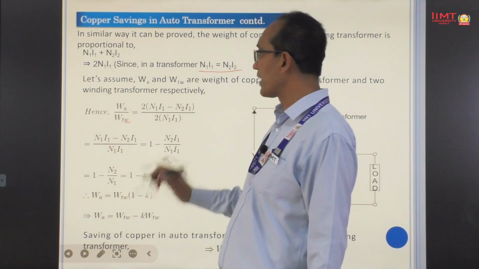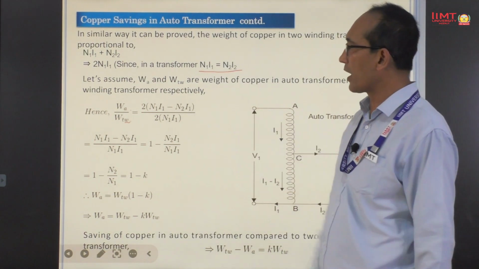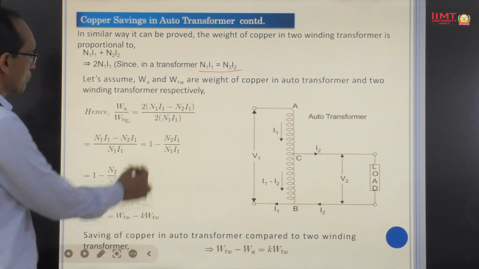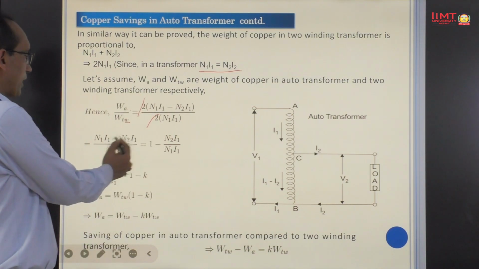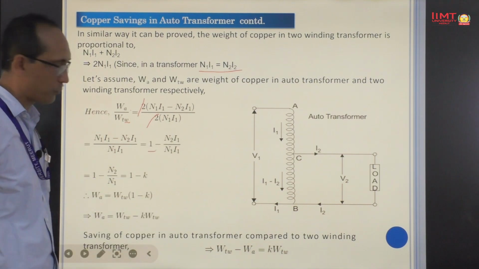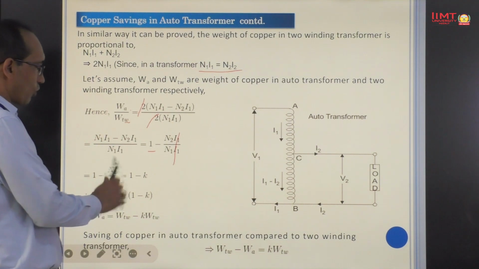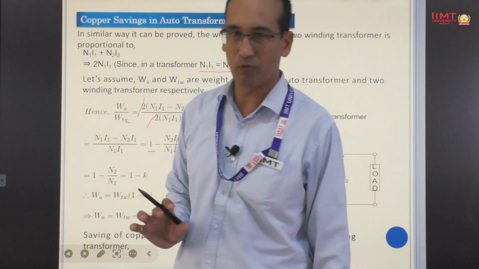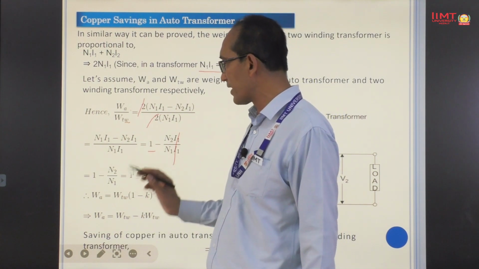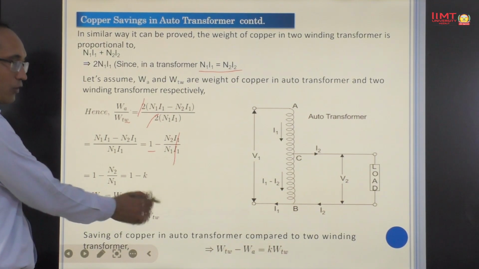Comparing these two equations, we get (2 N1 I1 minus 2 N2 I1) upon 2 N1 I1. The 2 cancels out, so (N1 I1 minus N2 I1) upon N1 I1, which is 1 minus N2 I1 upon N1 I1. I1 also cancels out, so we get 1 minus N2 upon N1, and N2 upon N1 is the turn ratio K. So simply WA upon WTW is equal to 1 minus K, and WA is equal to WTW times (1 minus K).